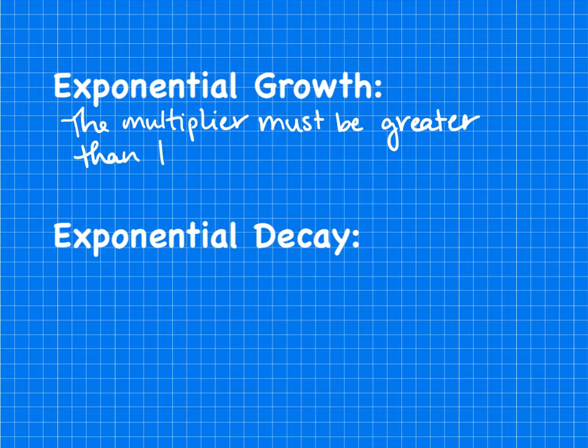And it can't be 1 because that wouldn't grow. If we just multiply by 1 every time, then it would just stay the same. Exponential decay, the multiplier, I'm going to make a note here, not including 1.